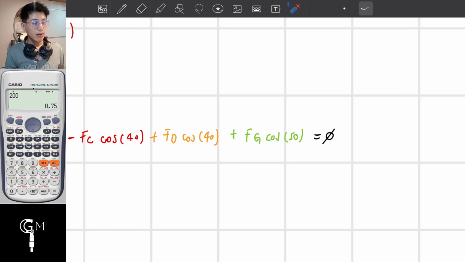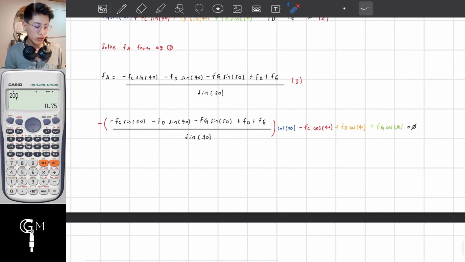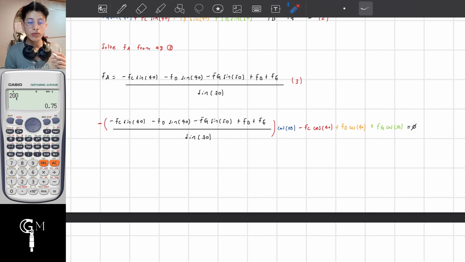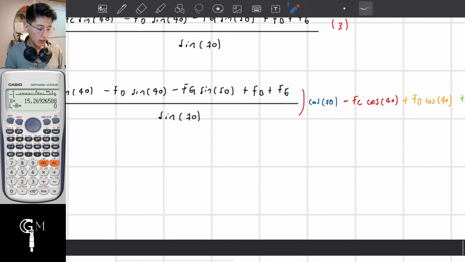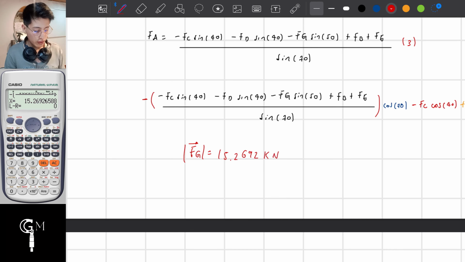Now I don't really care about it because our equation is simple enough for the calculator to not take a lot of time. So 200 equal, and right here we have the solution for x, which in our case is equal to FG, 15.2692 kilonewtons.